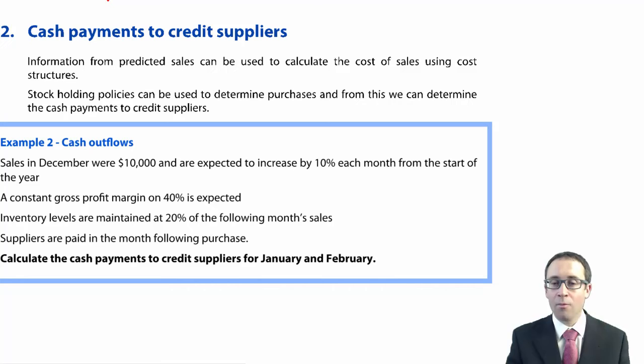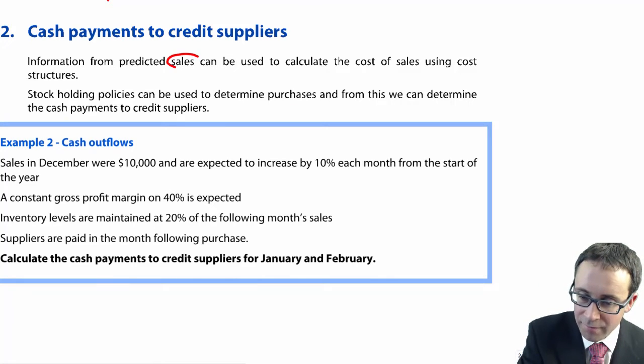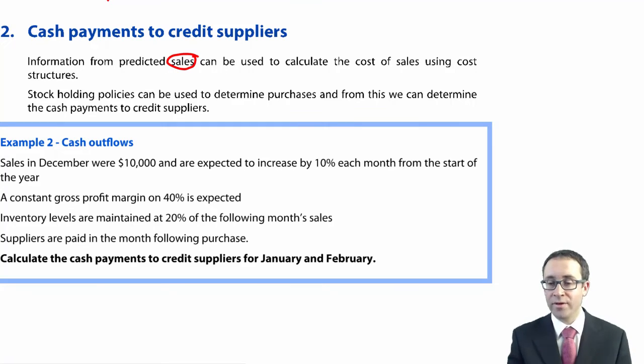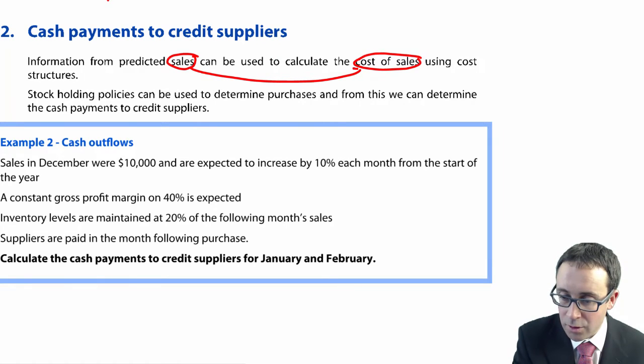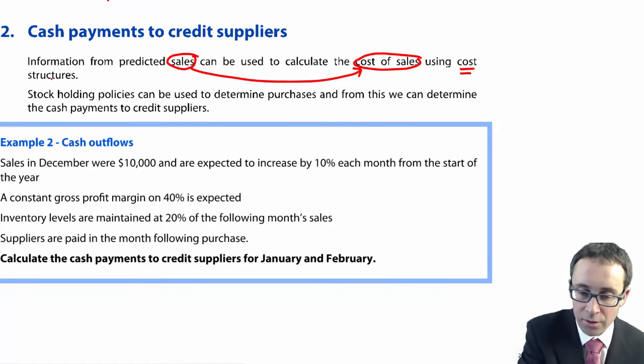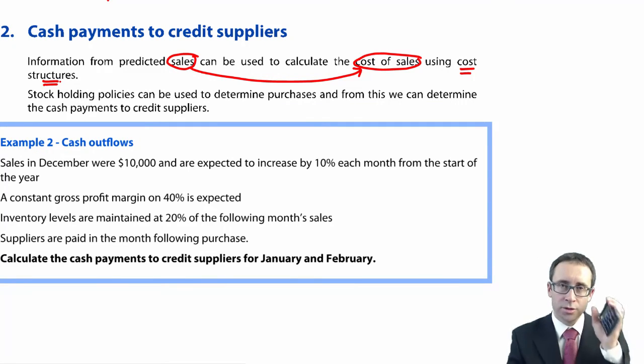Okay. What you can do there is you can take your sales information, so like we saw in that previous example, and then from that you can work out your cost of sales using your cost structures, whether that's gross margins or cost plus, okay, markups on cost.